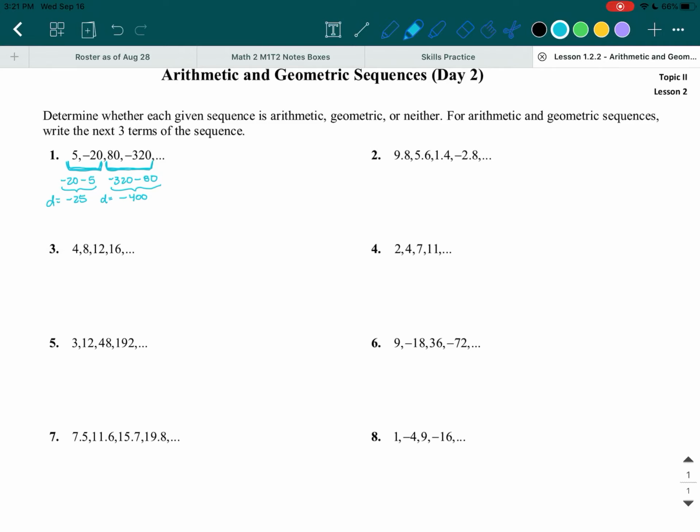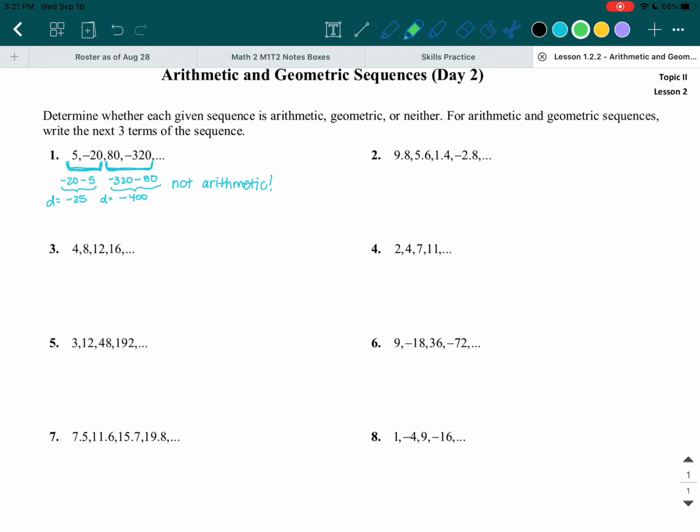The common difference needs to stay the same. So this is not arithmetic. Okay, so if you couldn't already tell that we are not adding or subtracting the same number every time, this is how you can tell. Take a look at that common difference. It's not the same every time.